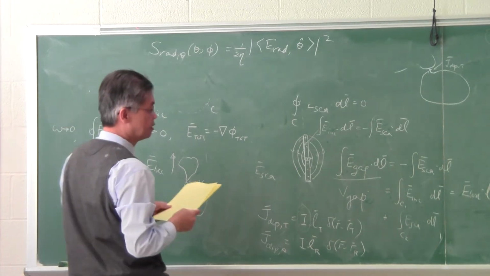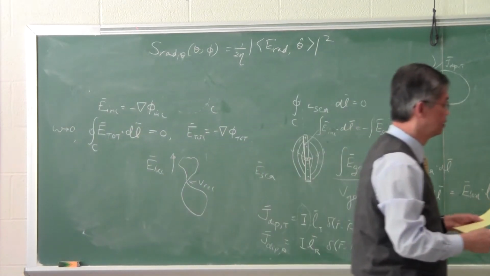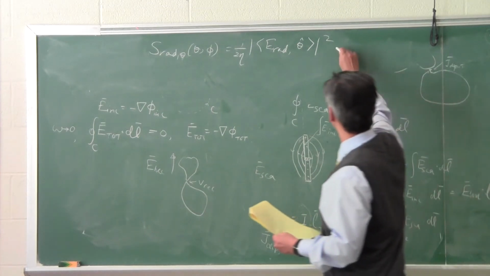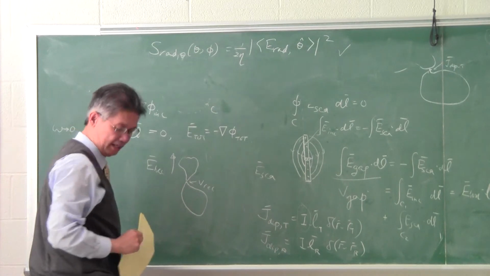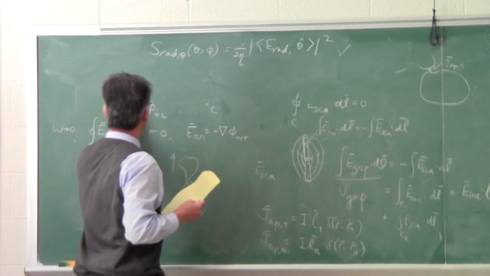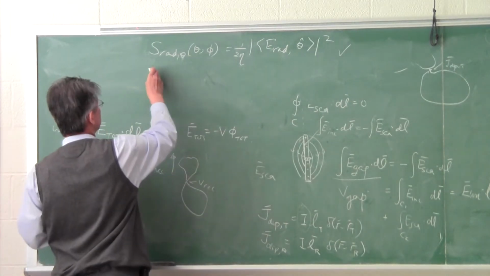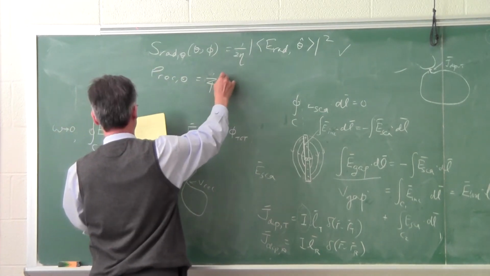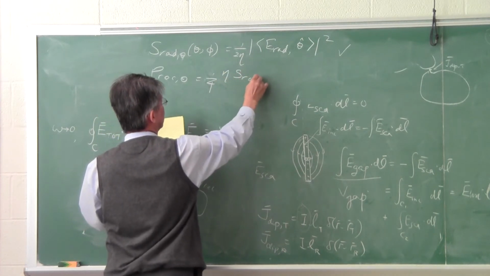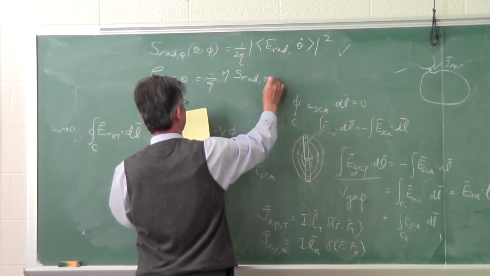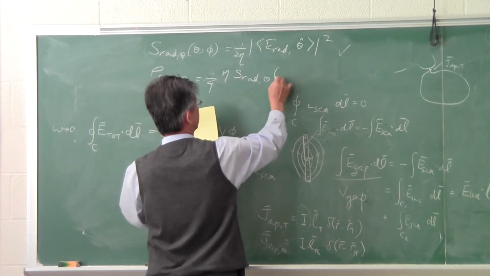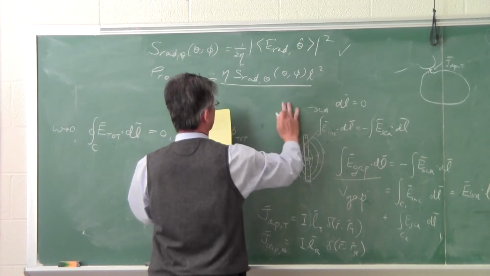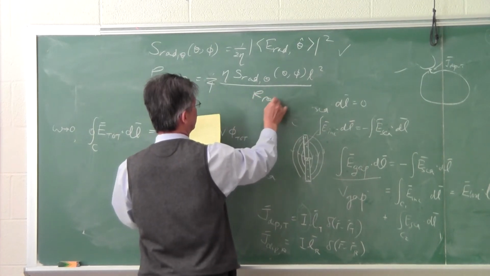And as I said before, I can use this formula and this formula together and rewrite the power received for the theta component as being equal to 1/4 eta S radiated in the theta component, being the component that I picked up, times L squared over R radiation.